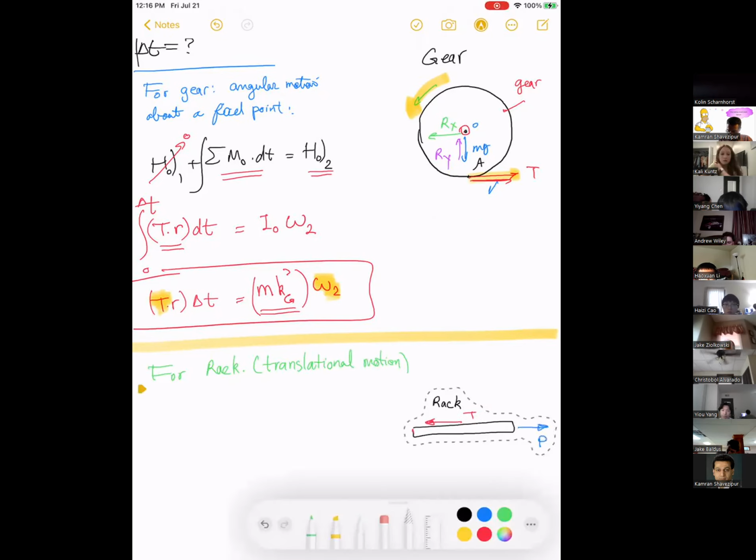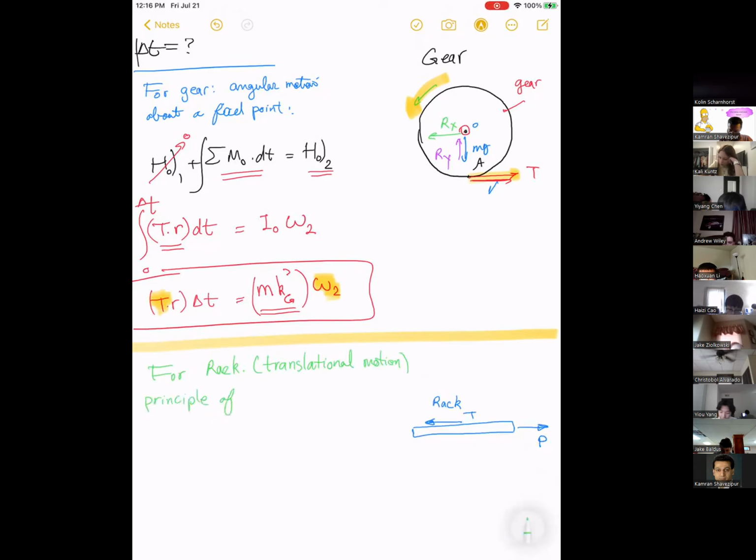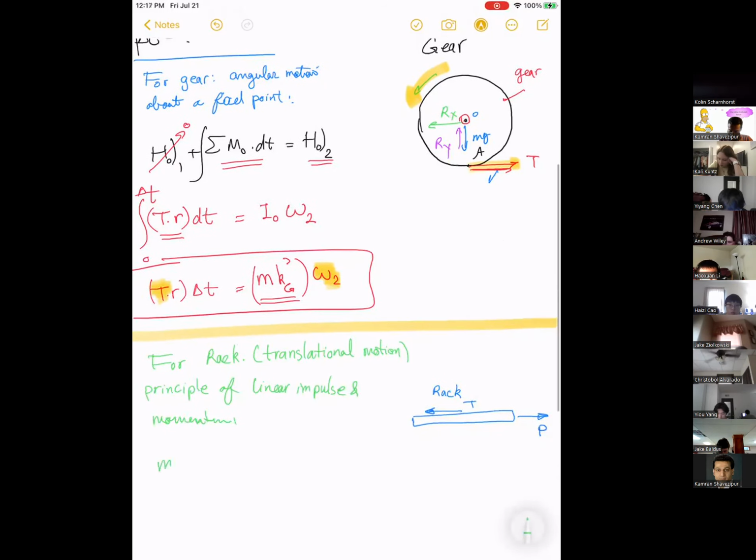If that's the case, I'm going to use the principle of linear impulse and momentum, which means M rack V1 plus the integral of the summation of forces dt equals M rack V2.